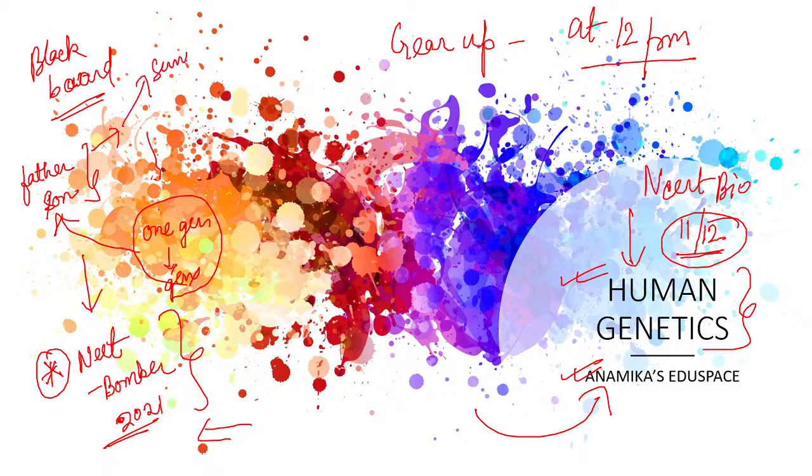Similar traits are found between the father and the son because there is transfer of some characters from the first generation to the second generation. And this is all about genetics.